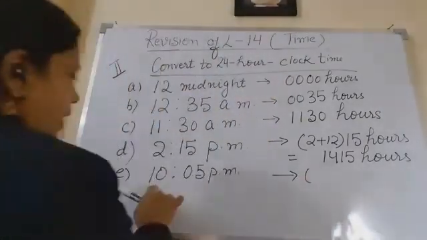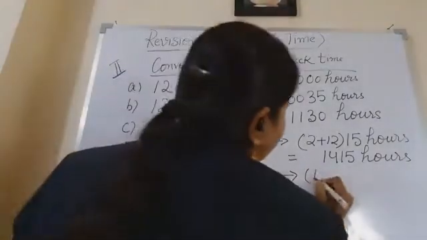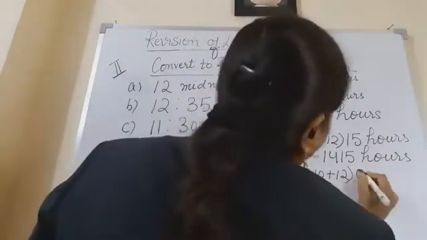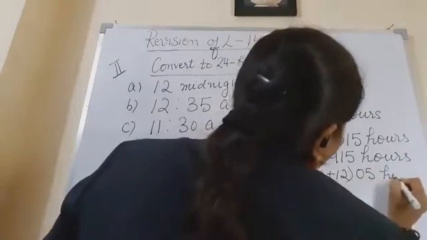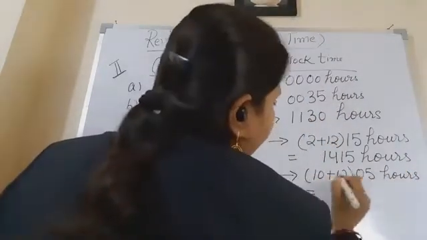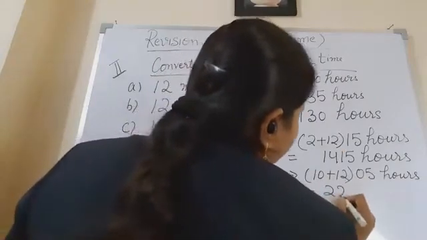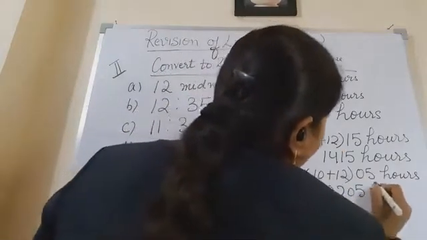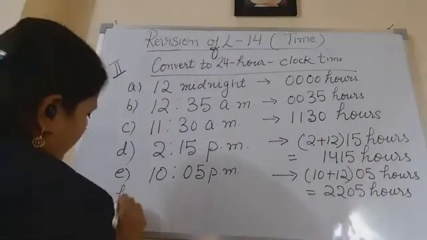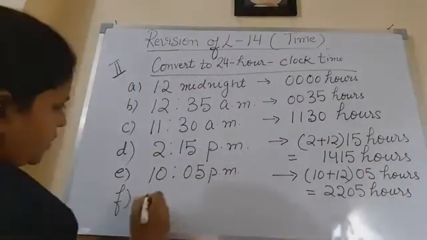The hour here is 10. So you are going to add 12 to 10. And how many minutes? 5. So this is going to be the time in 24-hour clock. That is 10 plus 12, 22:05 hours.